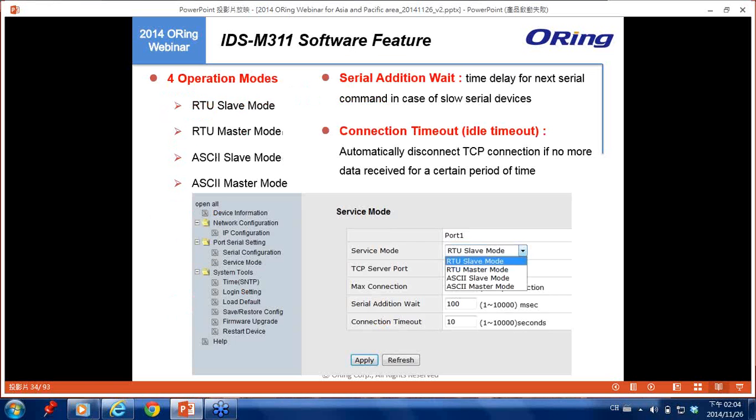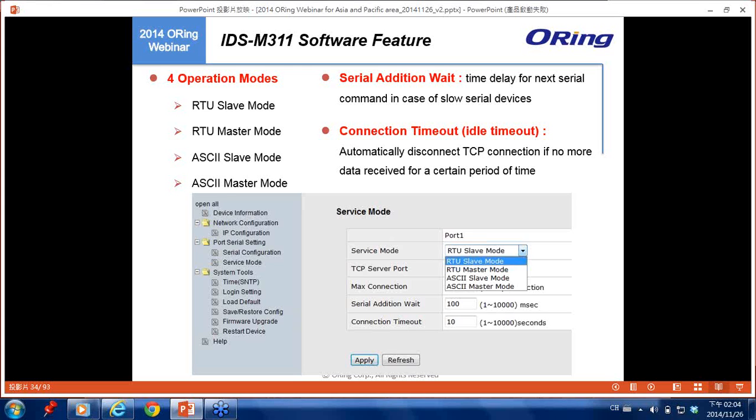The IDS-M311 has 4 operation modes, as I mentioned, and there are another 2 parameters I would like to talk about here. The first is the serial addition wait time.